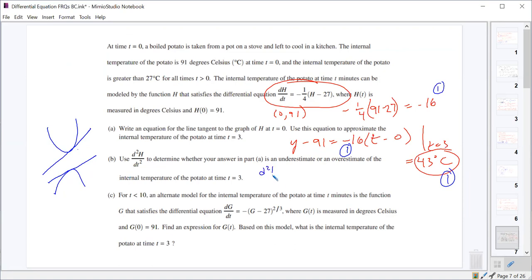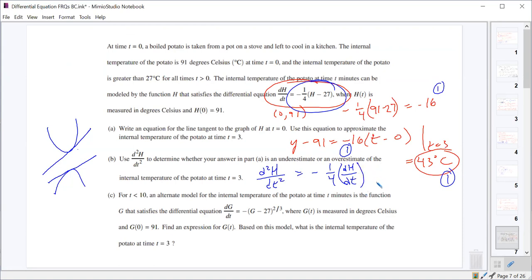The second derivative of H with respect to t is just the derivative of this with respect to t. If I take the derivative of it, the negative 1/4 constant out in front stays the same. The derivative of H with respect to t is dH dt, minus 0, because the derivative of 27 is 0.